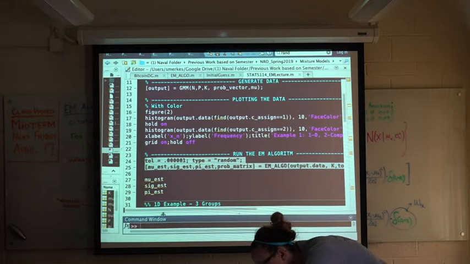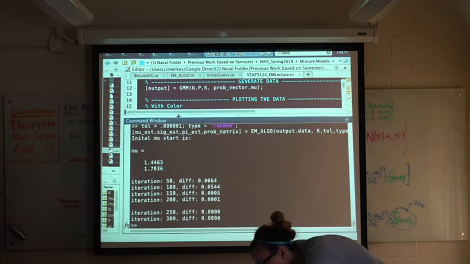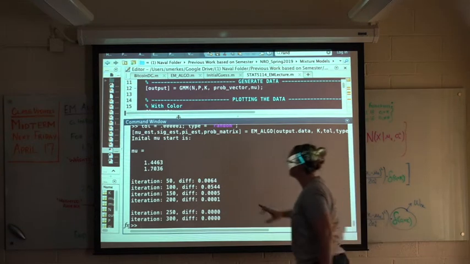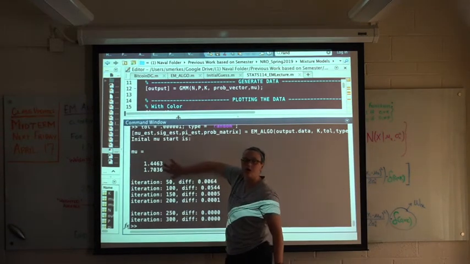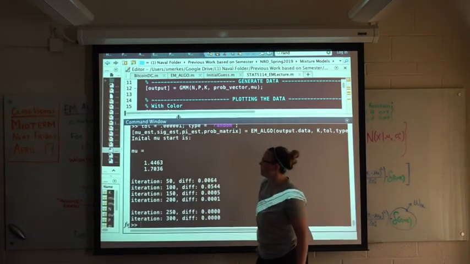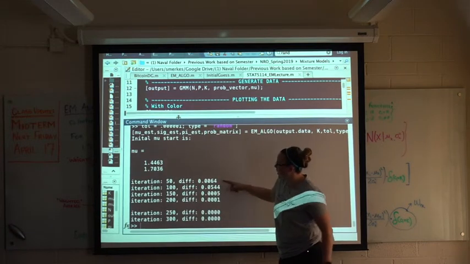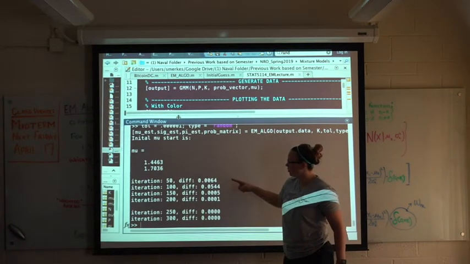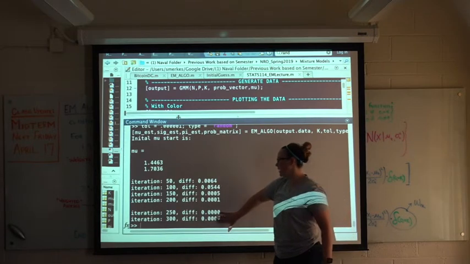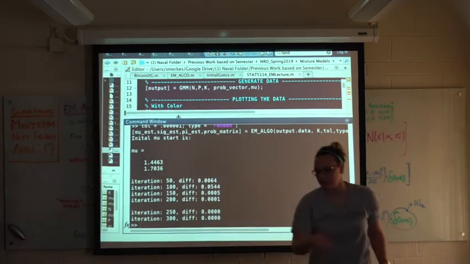What you can see from here, let me just show you. This right here is my initial start. So I started at 1.4 and 1.7. The algorithm just looped through it a lot of times until my difference was smaller than my tolerance.